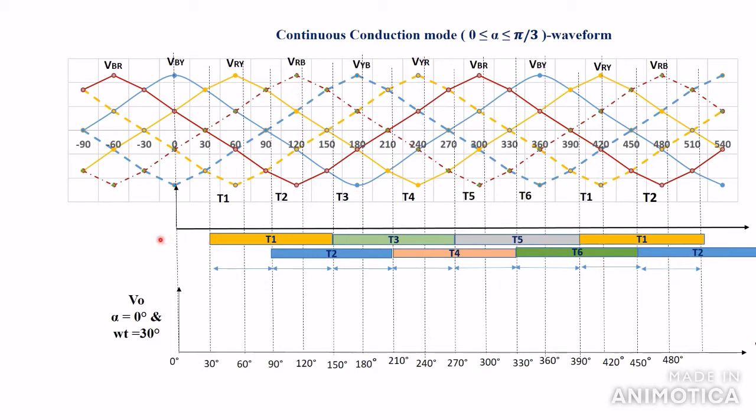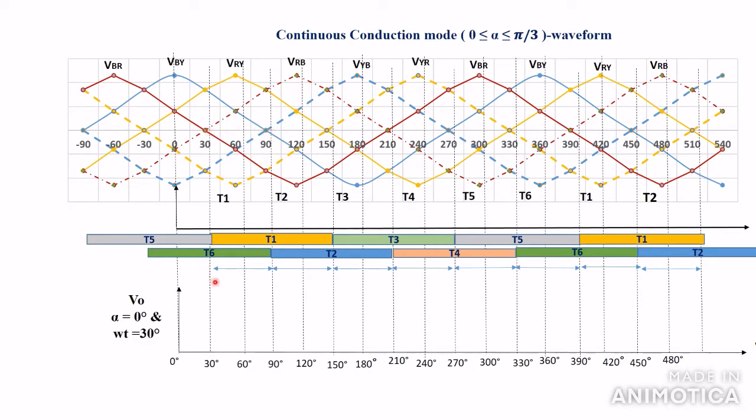Now we will divide this interval into 60-60 degree intervals, starting with the first 60 degree interval, from 30 to 90 degree, because at 30 T1 is triggered.